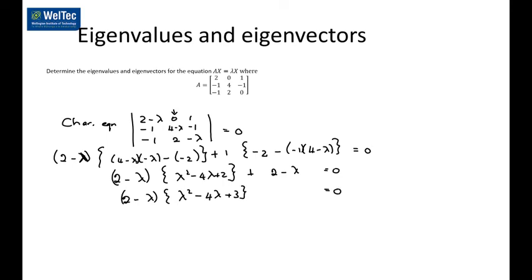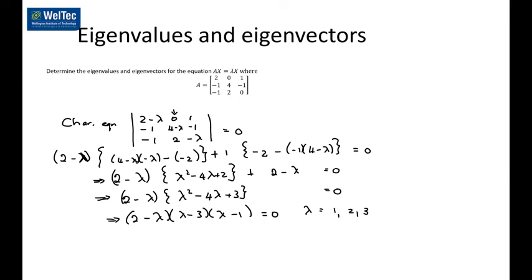So then we can factorize the curly bracketed term. Then we have 3 factors. So lambda equals 1, 2, or 3.